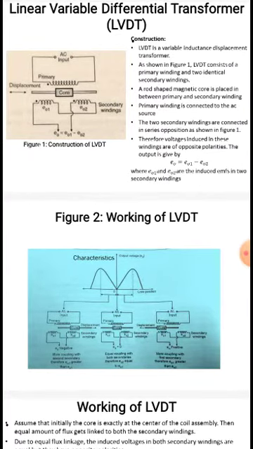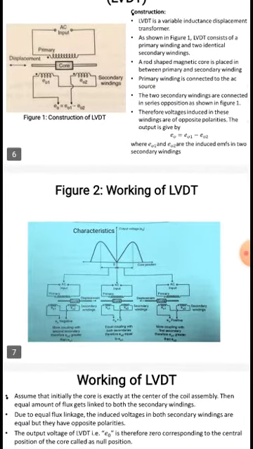The core moves inside the actual area. The two secondary windings are connected in series opposition, so the voltage available across the secondary is E01 minus E02, where E01 is the voltage across the first part and E02 is the voltage across the second part.